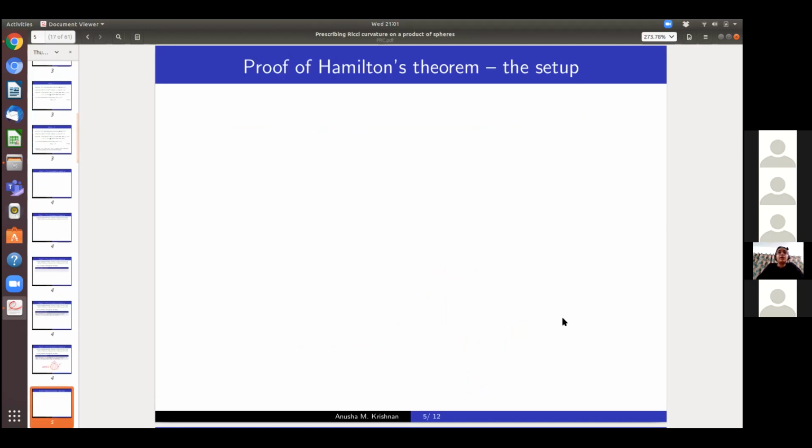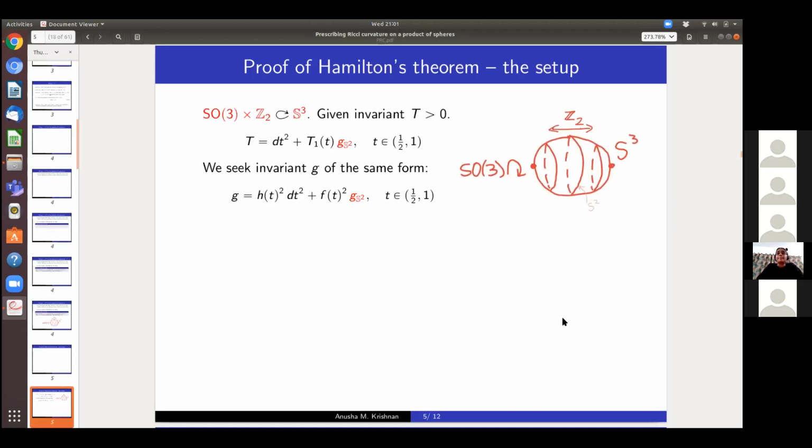So let me talk a bit about the proof of Hamilton's theorem, which is essentially an existence result. So you have an invariant metric T on this manifold, which we write in this form as a sort of warped product metric. T1 tells you the square of the radius of each S2 principal orbit, and we're seeking a metric G of the same form. Since the tensor T is given to us, we can assume that we've parameterized by arc length there.